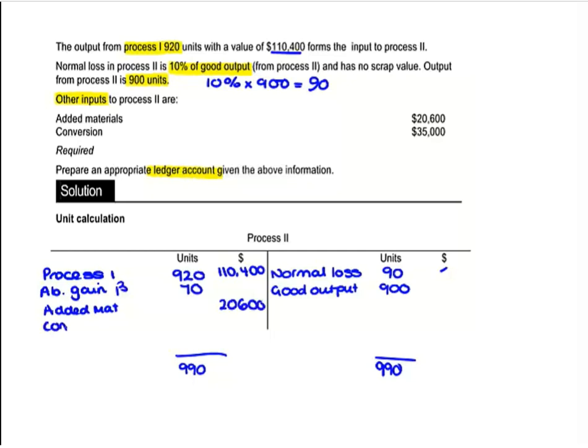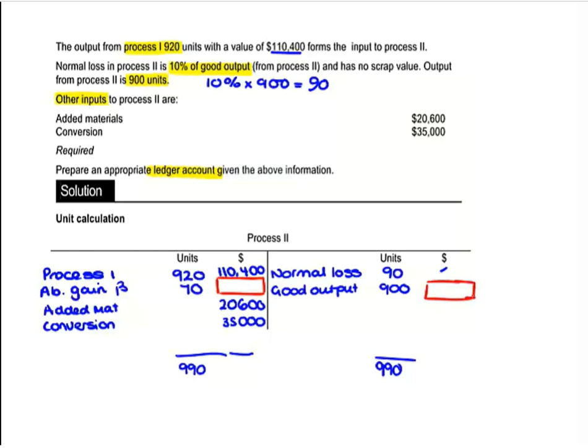And we've got conversion costs, so labour and overhead costs, of $35,000. At this point then, I always think it's a good idea to mark out what it is that you're missing and what you need to calculate so that you don't miss anything. So I need a value for my abnormal gain and a value for the good output.